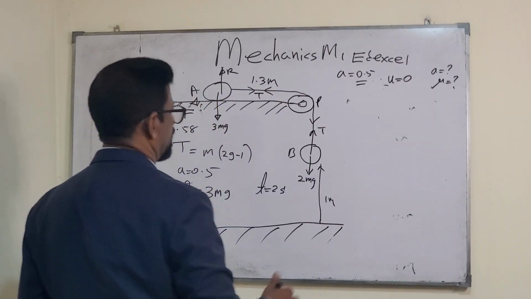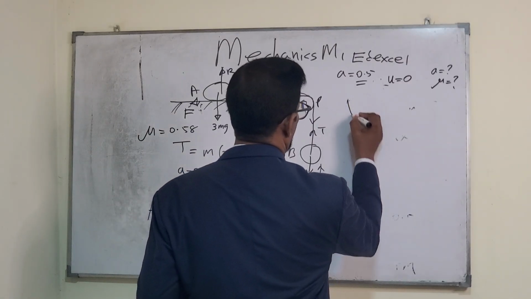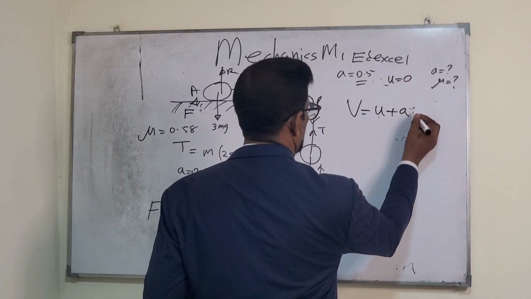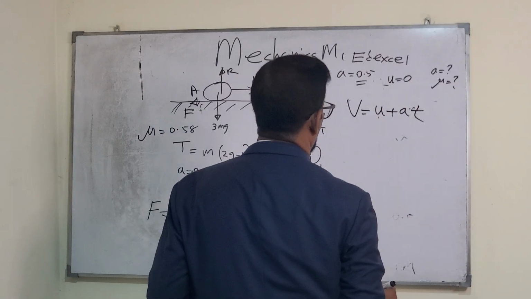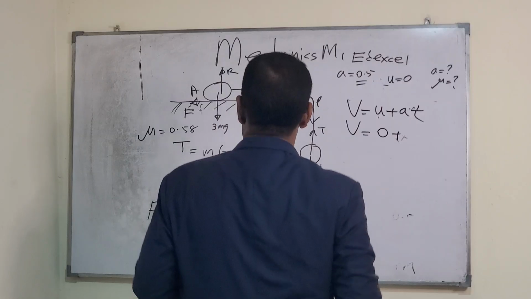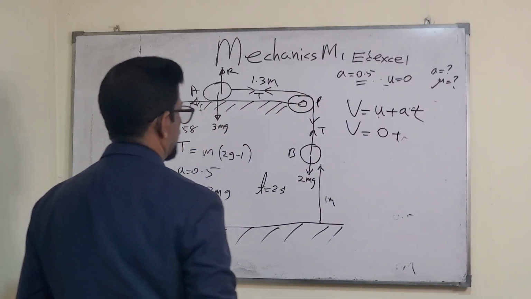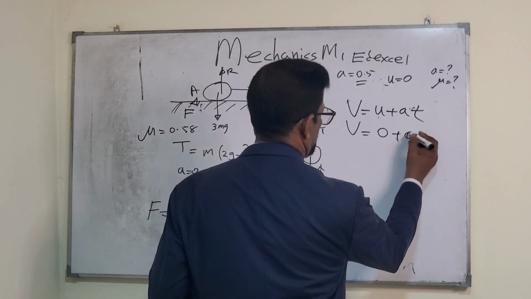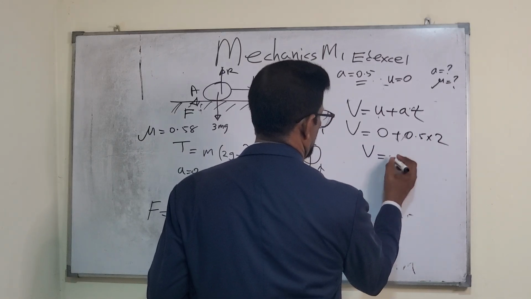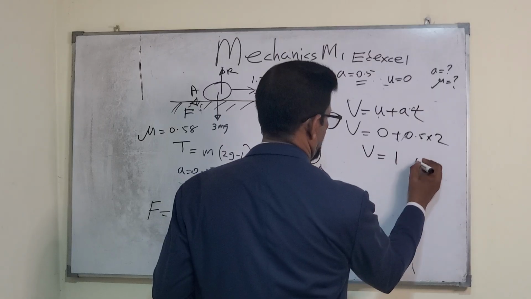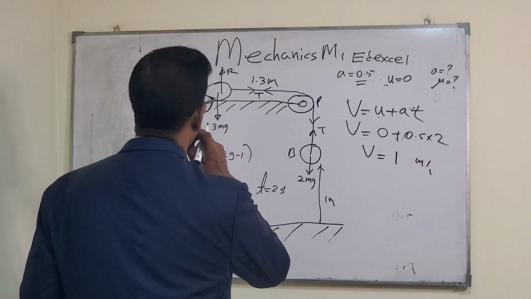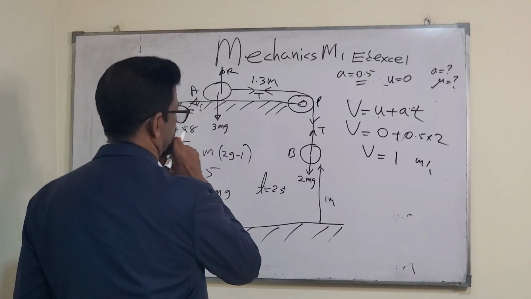Okay, then we can write V equals U plus at. We know initial velocity 0, acceleration 0.5 and time 2. Now the final velocity is 1 meter per second.